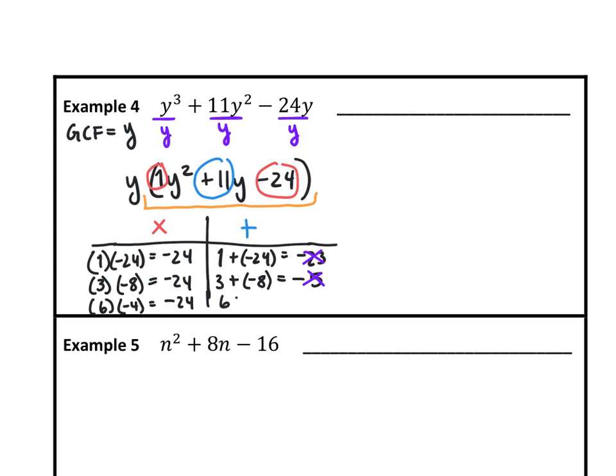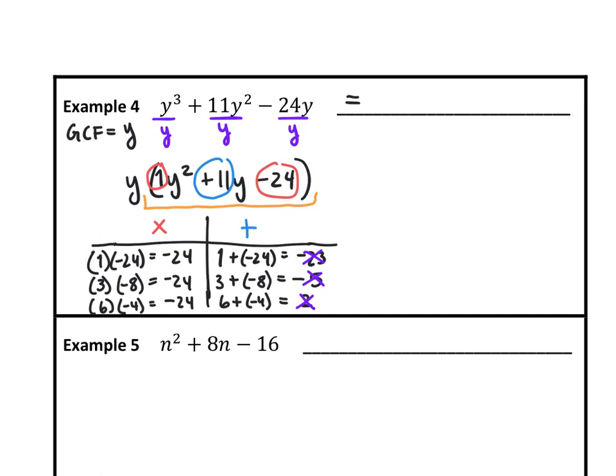But 6 plus negative 4 is 2. Also doesn't work. So if we keep trying it, we won't get a combo that will give us 11. So that means that the most that we can do is just factor out this y that we already did.